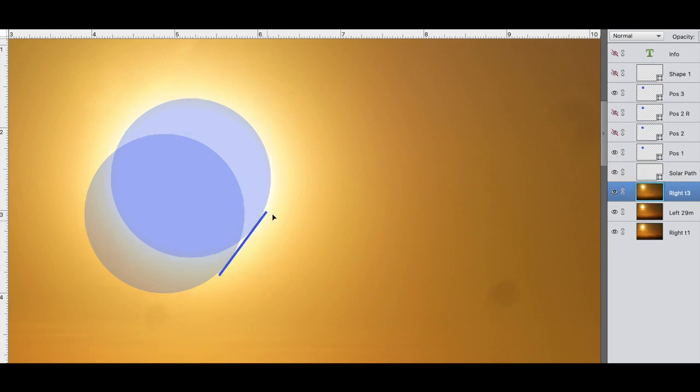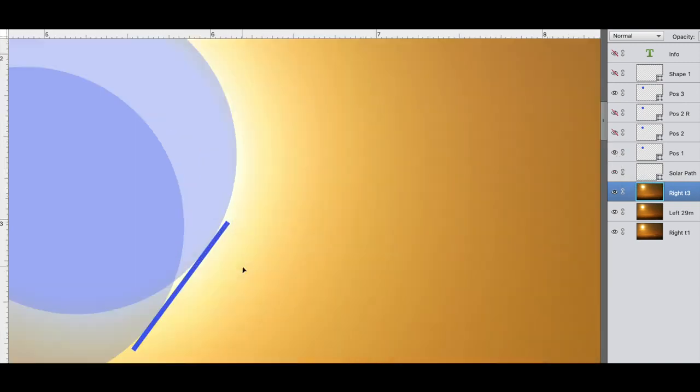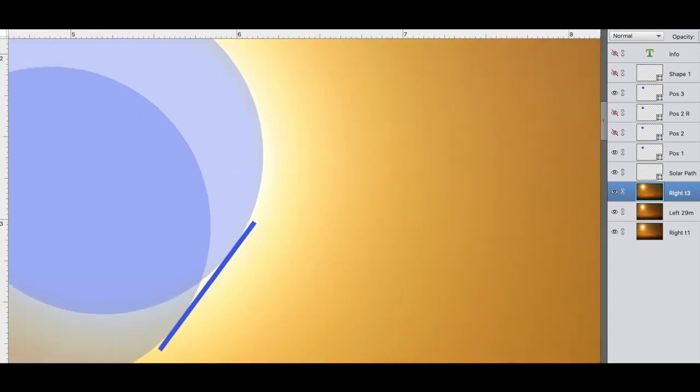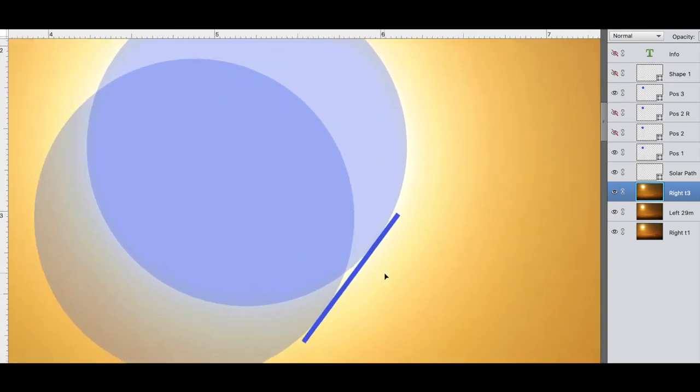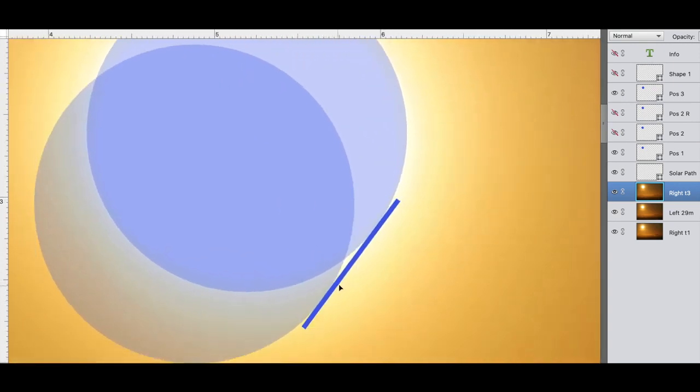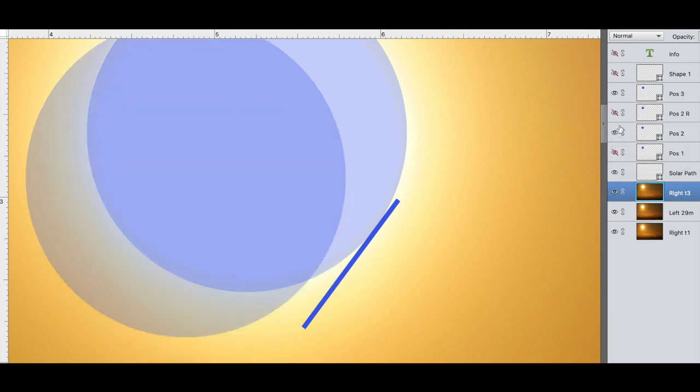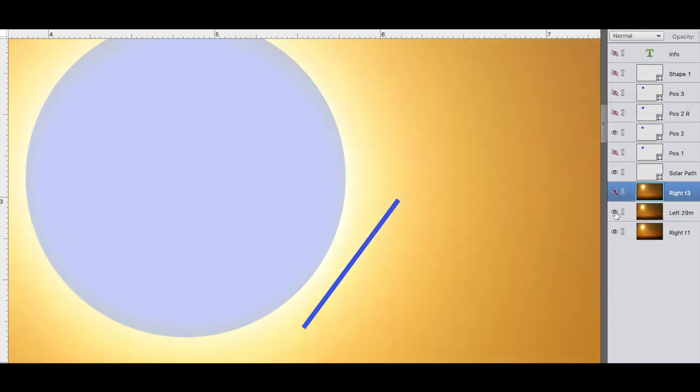Okay, so I put a tangent between them, and let's zoom in a bit more. And now we can find out where the second position of the sun should have been had we stayed on the right side, but we went to the left side to take that image. Okay, so there it is.